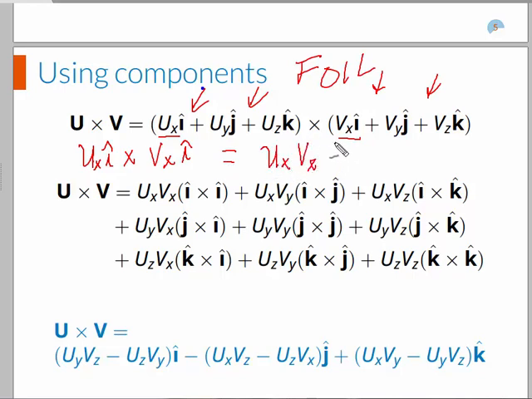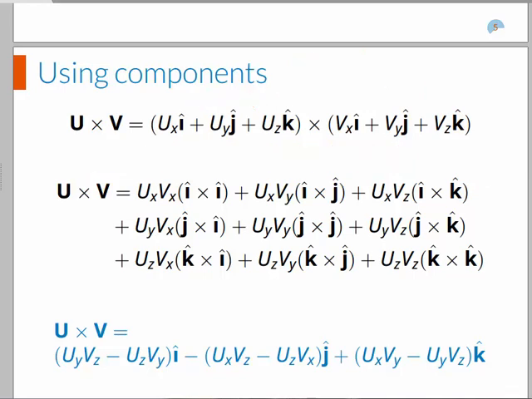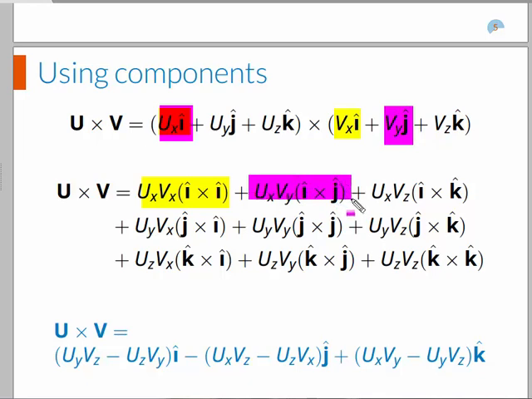These are scalars, and we're left with this cross product of the two basis vectors, in this case i cross i. That's how this next expression is developed with all of its 9 terms. So here's the first one, and it becomes that term. Then if we take this with respect to the j component of v, we get the next term.